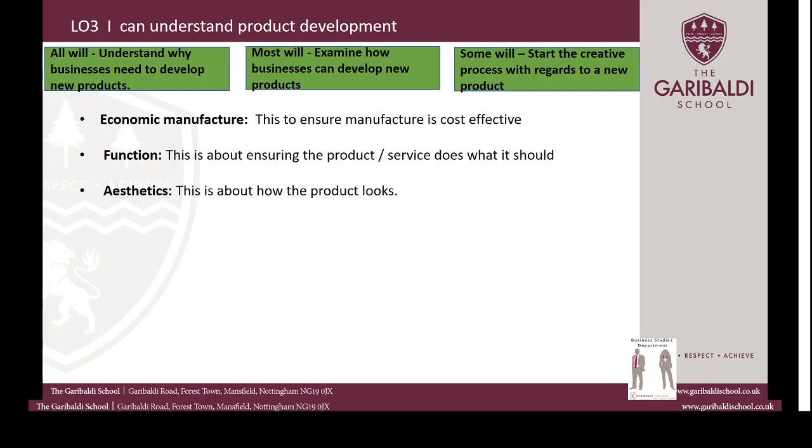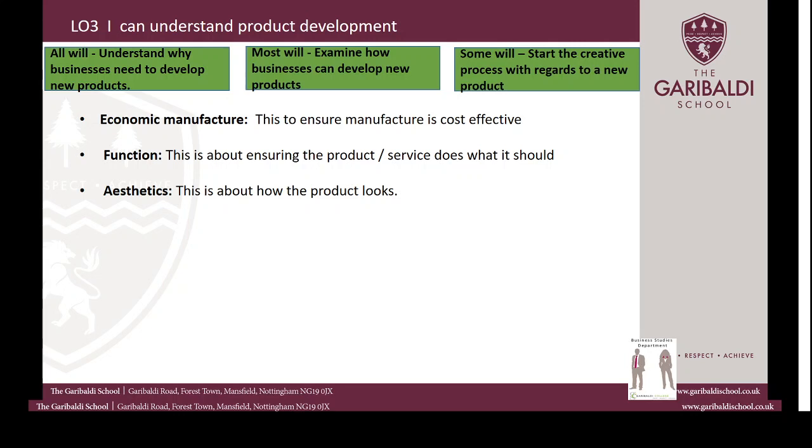Now, most businesses have to strike a balance between the three, because it's important that you always keep control of your costs in business. So you would always consider the cost element. Most people also want a product that actually functions and does what it says.